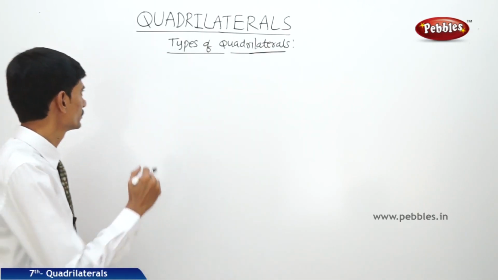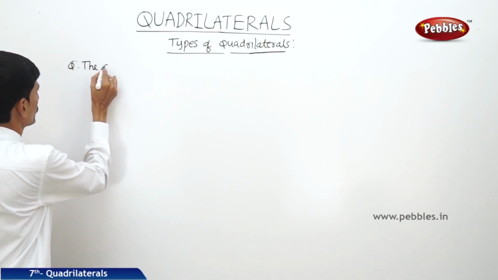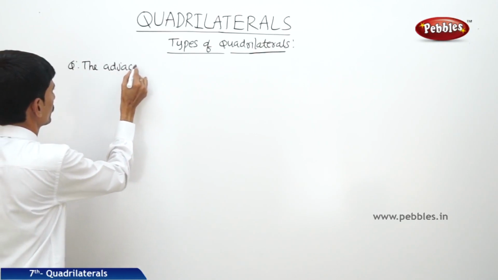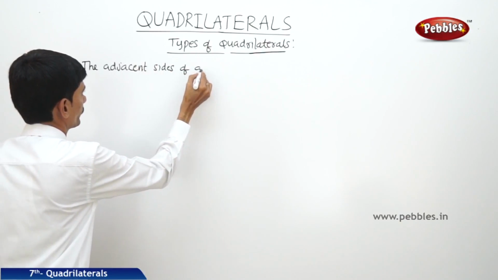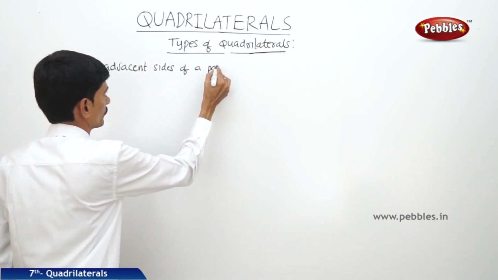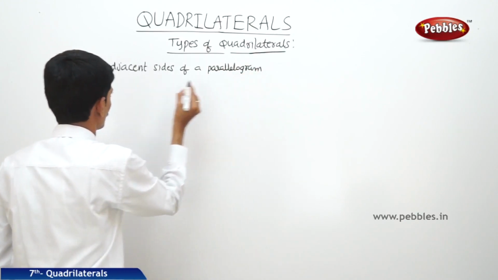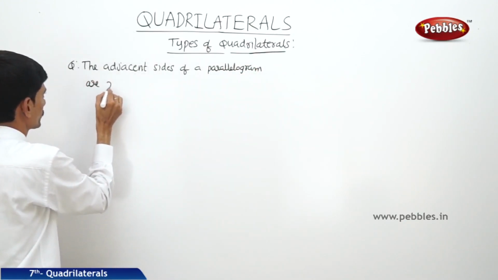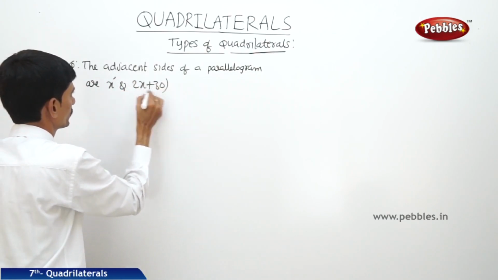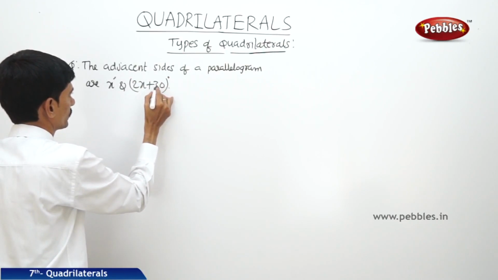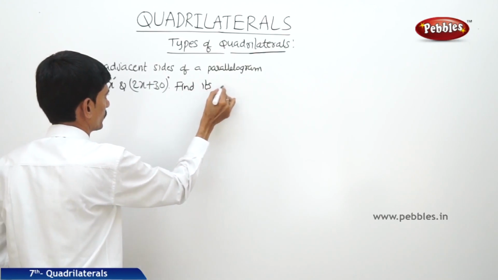Now the first question, the adjacent sides of a parallelogram are x degrees and 2x plus 30 degrees. Find its angles.